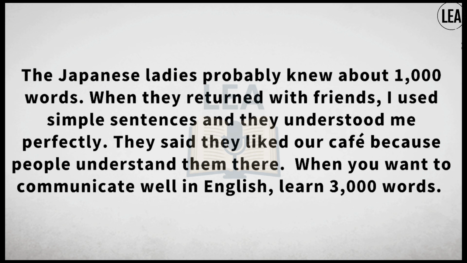The Japanese ladies probably knew about 1,000 words. When they returned with friends, I used simple sentences, and they understood me perfectly. They said they liked our cafe because people understand them there. When you want to communicate well in English, learn 3,000 words.